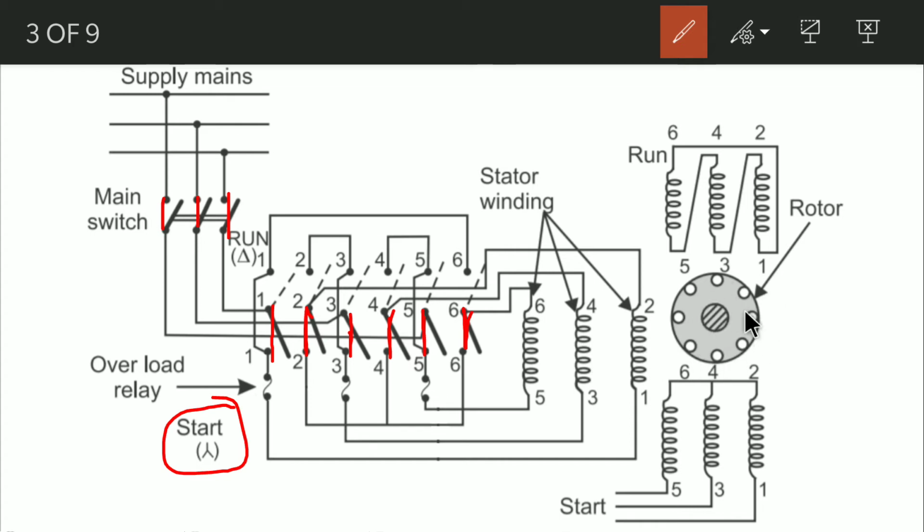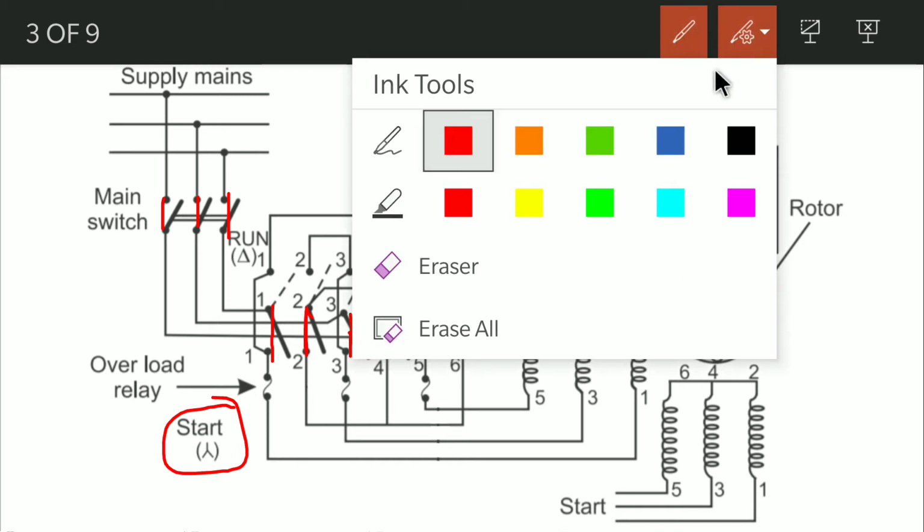When it achieves about 70% of the rated speed, or nearly rated speed, what we do, we change the position of this changeover switch from bottom, this start, to this run position, that is in the upper position. Now let us see what are the connections in upper position and how the motor is connected in delta.